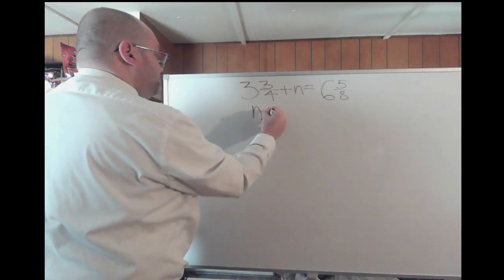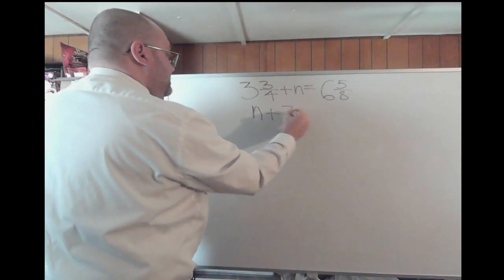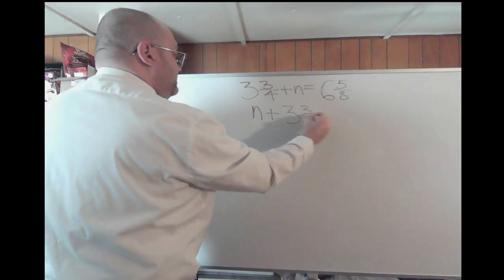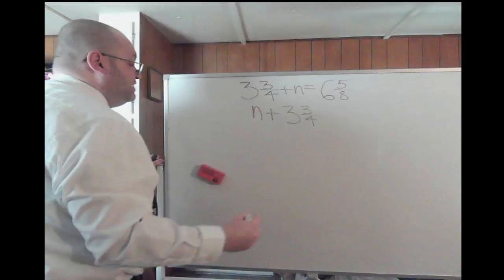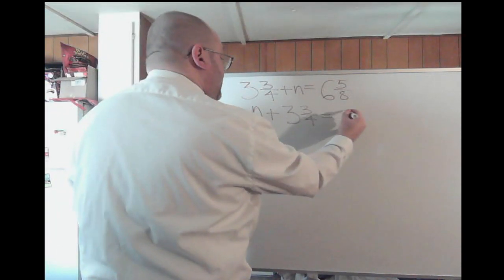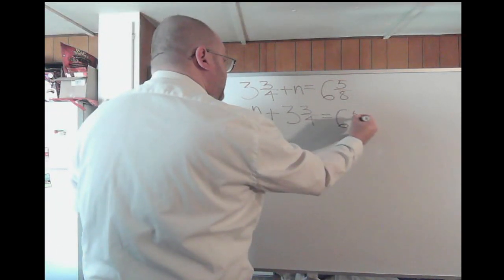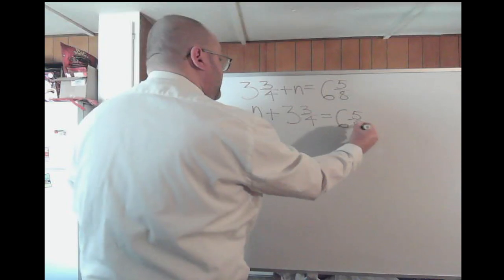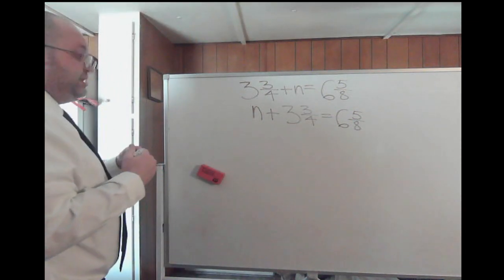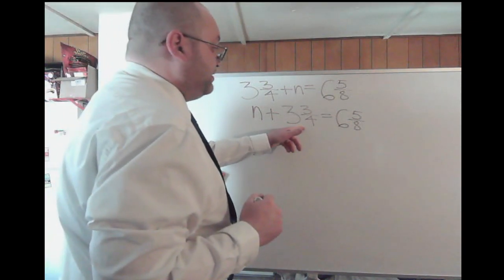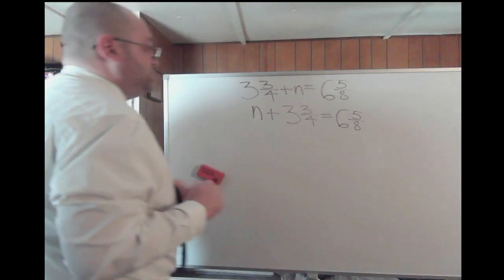That's personally something I would do. I find it easier to have the variable on the left. That's just me, you don't have to. You might too. So this could be changed into n plus 3 3/4 equals 6 5/8.